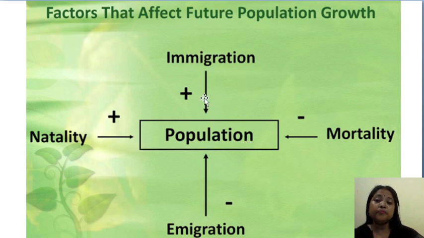Here also see, in case of immigration, the plus sign is there, means population also increases, and population decreases through mortality. Mortality means death rate, and with emigration the number will be deducted, means they will go outside from a particular place. And mortality means some members of the population will die, death rate. Okay.